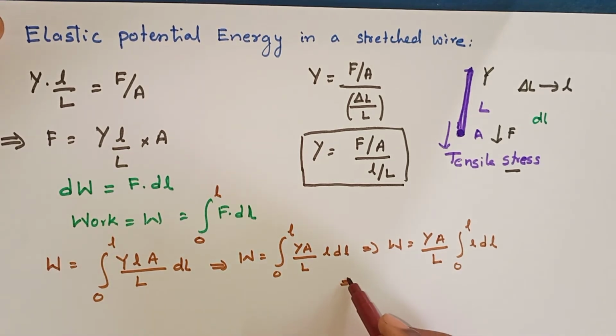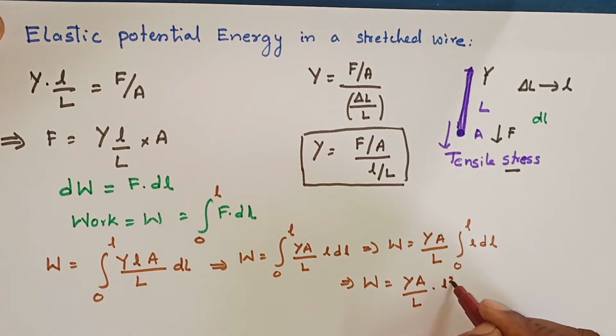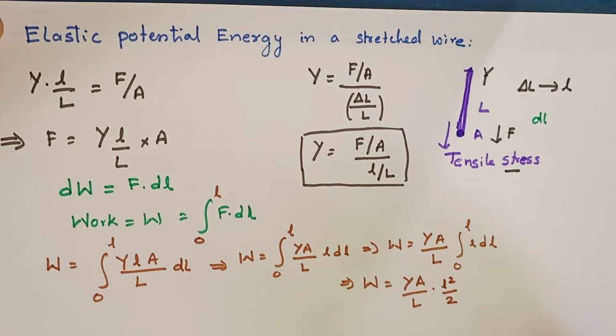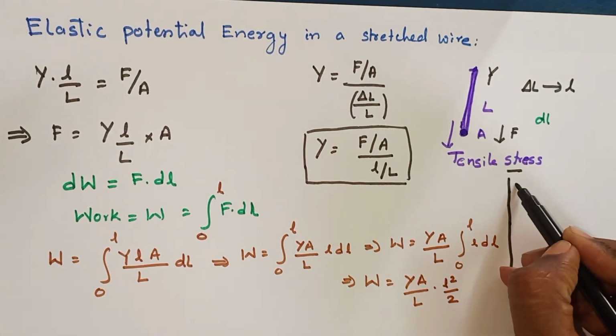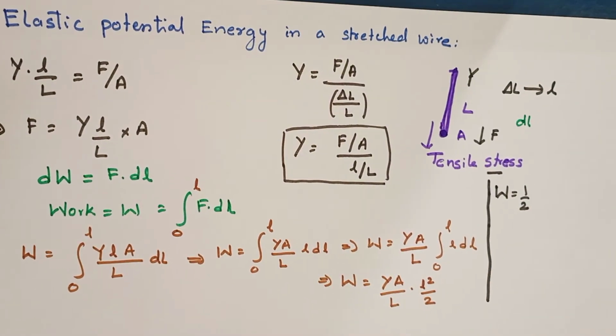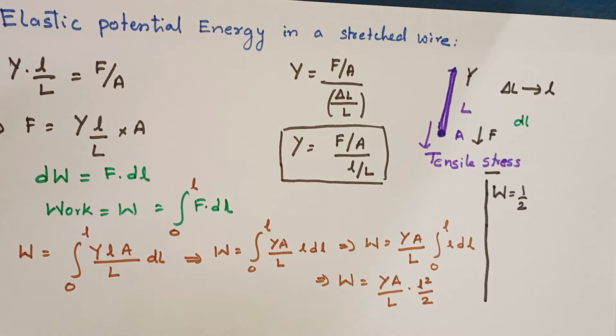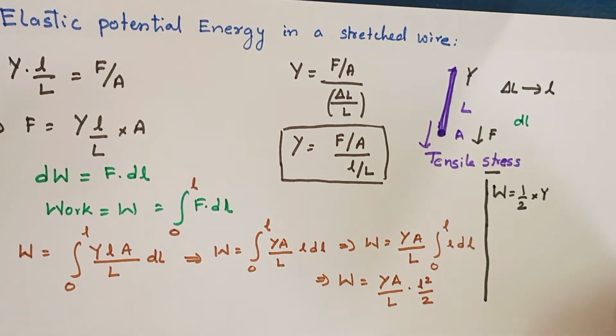Now W is equal to Y A by L, l square by 2. This is the work done, right? I am rewriting this again. W is equal to half Y as it is, the Young's modulus, right?